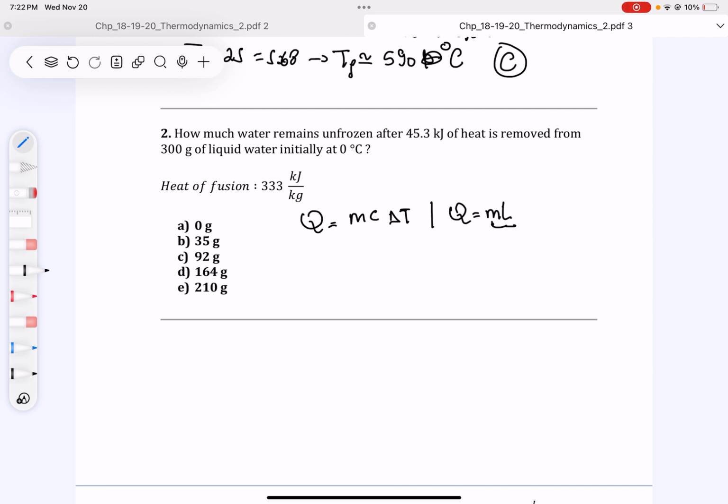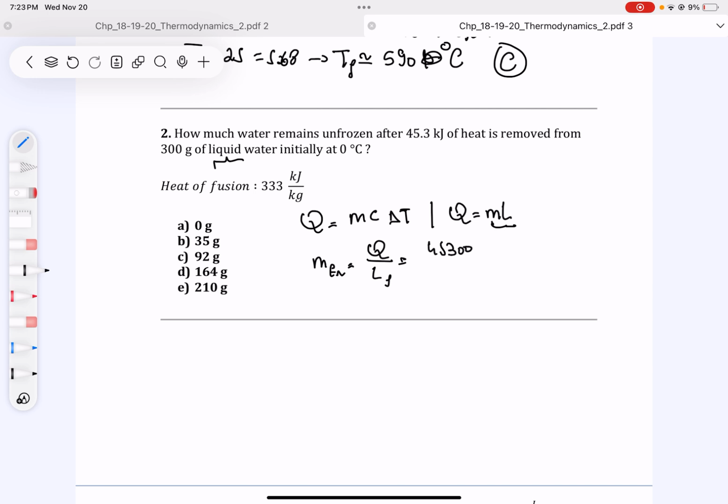Here we have a phase change from liquid water to ice. Then we can get m frozen. It's just Q over L. We are given L and we are given Q, then we can get it.